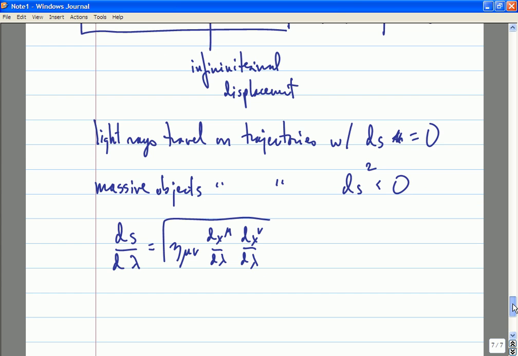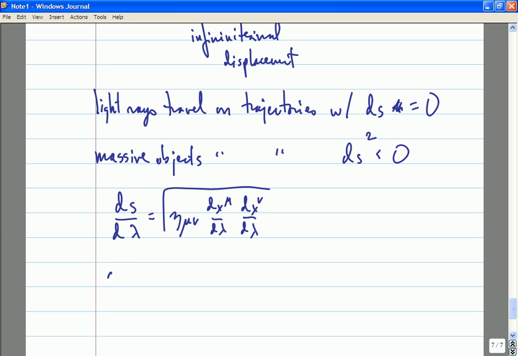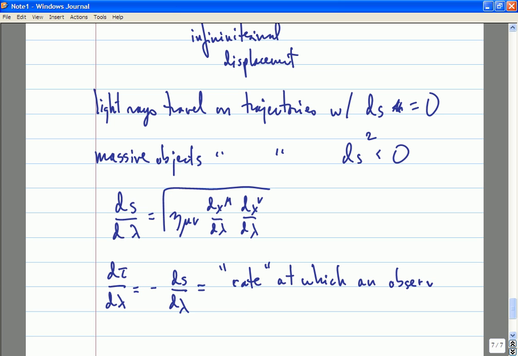It's simply that d tau by d lambda, where tau is the proper time as measured by an observer moving on this world line, is given by minus ds by d lambda, so that d tau by d lambda is the rate at which an observer's clock ticks, if this observer is moving along the world line x mu of lambda.